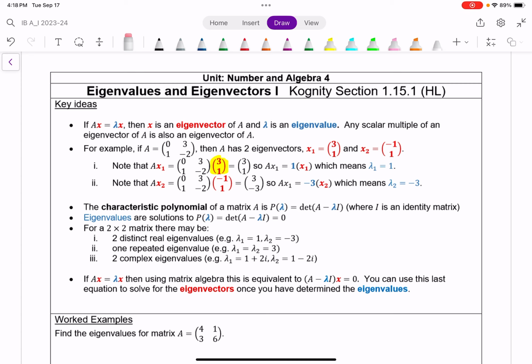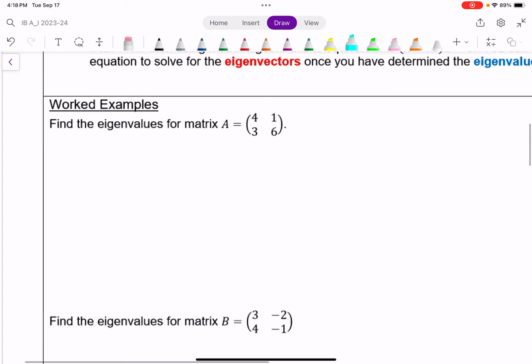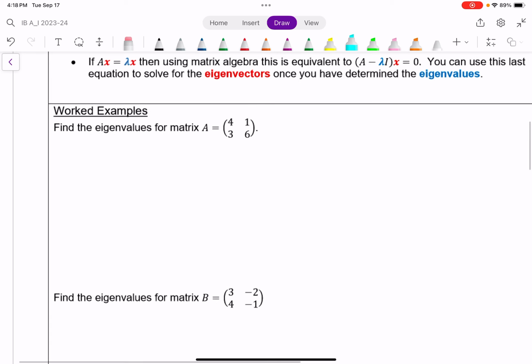And I think the best way of looking at this is just to try it. First of all, an eigenvalue is the solution to where the determinant of this equals 0. So what does that mean? Well, let's look at this example here. Here's a fairly simple matrix, and I want to find the eigenvalues. In general, for a matrix like this, there's either two real eigenvalues, two repeated eigenvalues, or two complex eigenvalues.